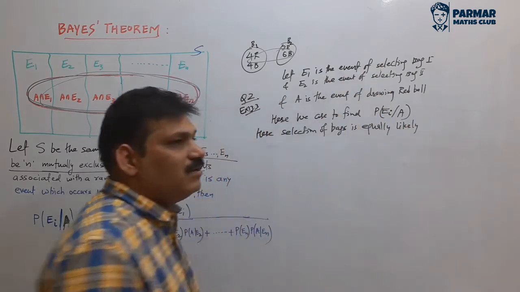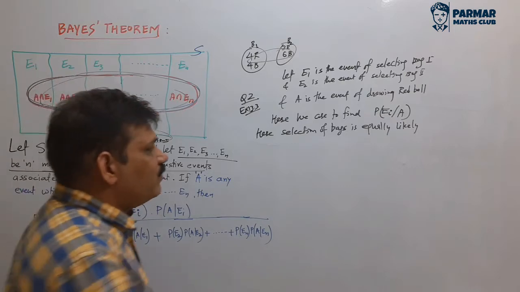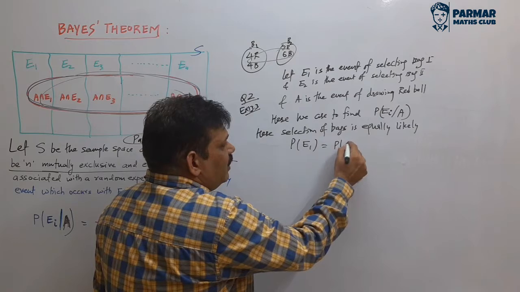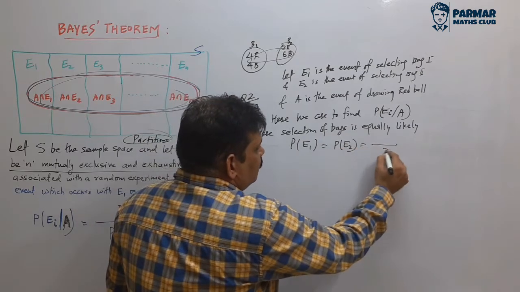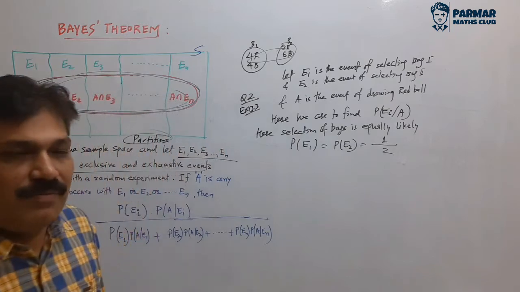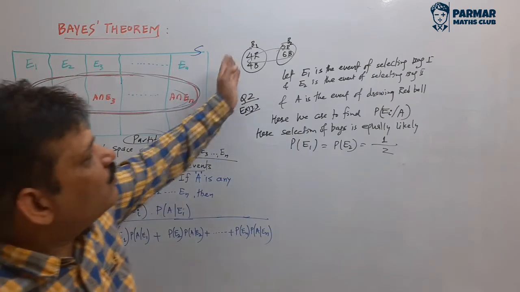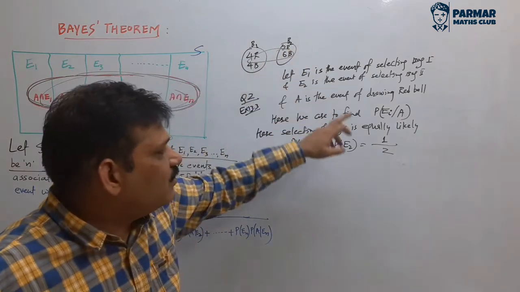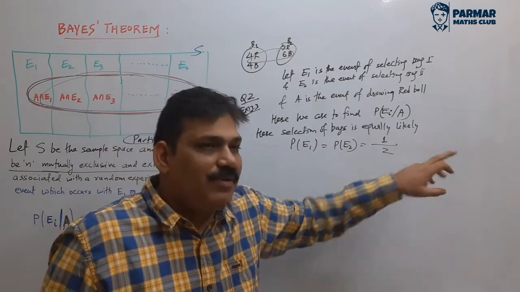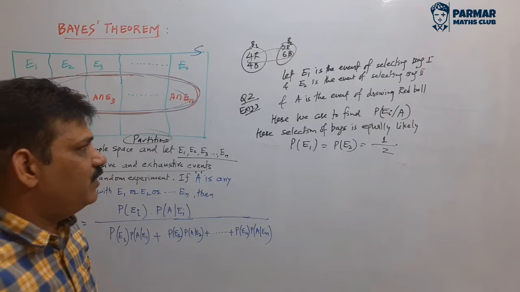Yes, both bags have equal probability. There are a total of 2 bags, so each has equal probability. Suppose there were 3 bags, then all are equally likely, and the probability would be 1 by 3, 1 by 3, 1 by 3.